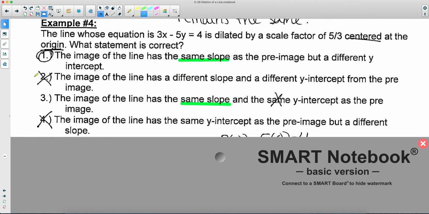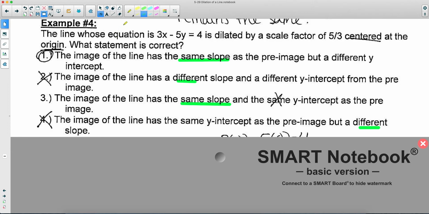Now 2 is not good because it says it has a different slope. Remember, if we're dilating a line, slope can't change. So 2 is out and so is 4 because they say different slope. We need the same slope. Now the difference between 1 and 3 is that one says we have a different y-intercept and the other the same y-intercept. The y-intercept would be the same if the center falls on the line.